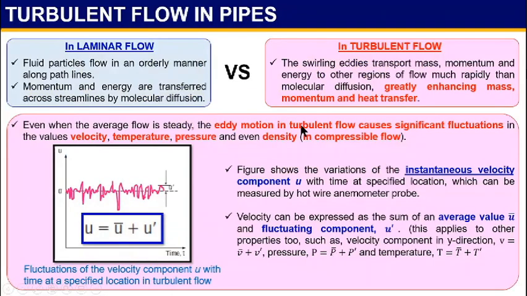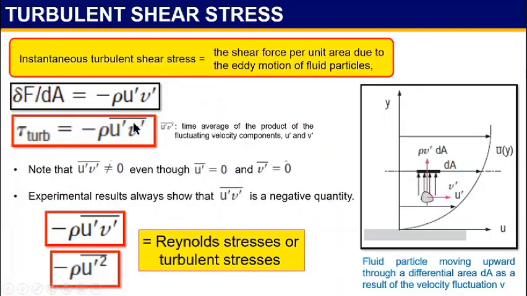As you know, we have the x direction velocity, u equal to u bar plus u prime, and we also have the y direction velocity, v equal to v bar plus v prime. So this term is actually the product of the fluctuating velocity components u prime and v prime.